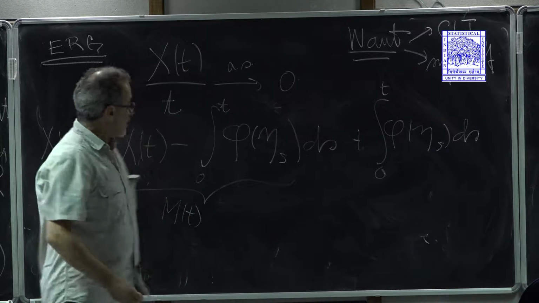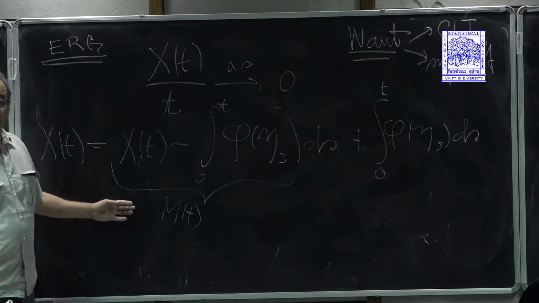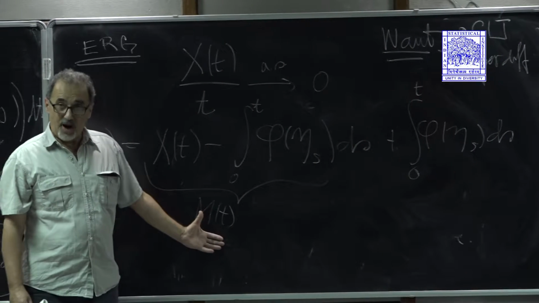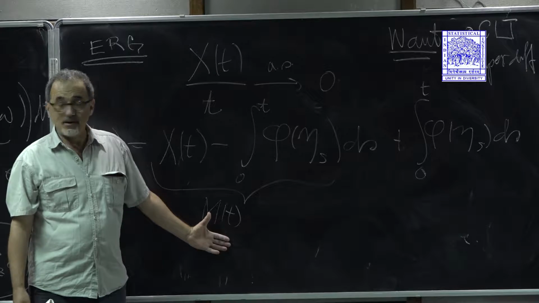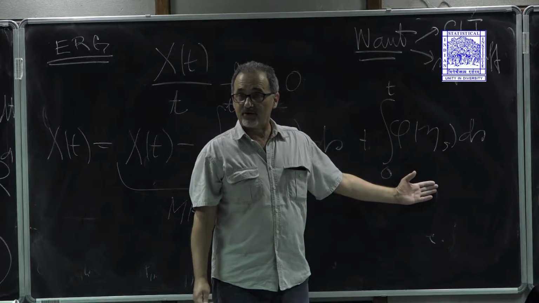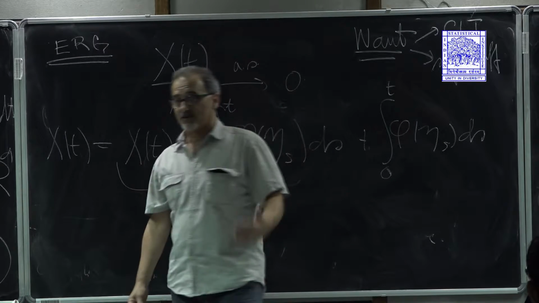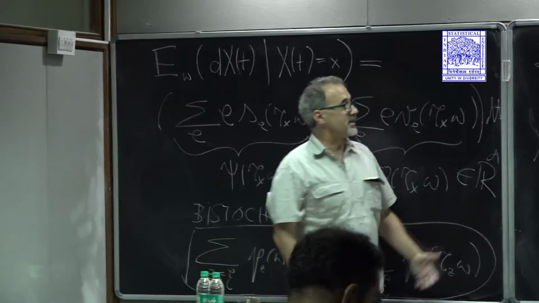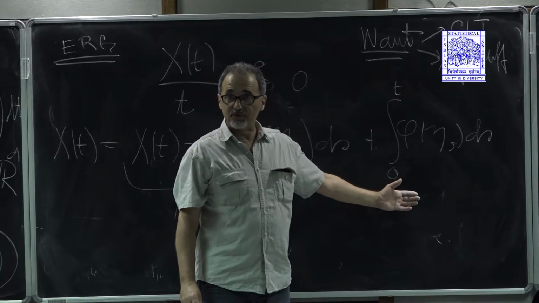Right? Good. Now, how do you want to prove the central limit theorem? For the martingale part we have the martingale central limit theorem for free. You have to prove the central limit theorem for this other thing, and that's the difficult part. You have a Markov process, and a function on the state space of the Markov process which is zero mean. Under what conditions does a central limit theorem hold for the integral along the trajectory?